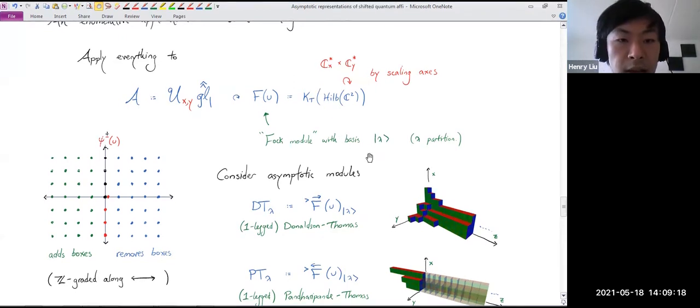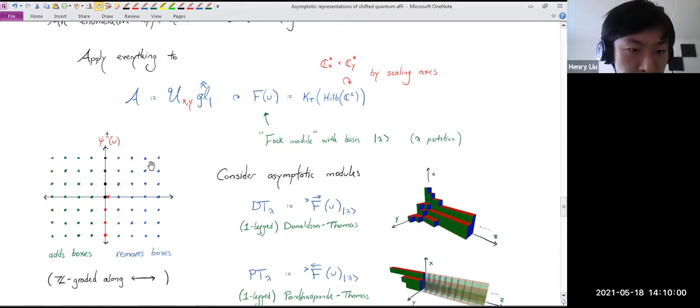The action of the quantum toroidal algebra on this Fock module is kind of straightforward to describe if you don't care about the coefficients of the action. The first column of blue dots here, this first set of lowering operators, these remove one box from the partition. The second set removes two boxes. The third column removes three boxes, and so on. Maybe they each do this removal process with slightly different coefficients.